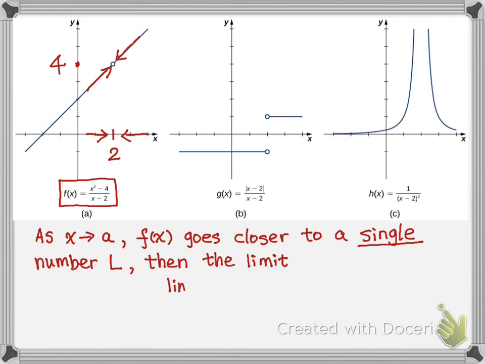So the limit as x approaches the number a, f of x, will equal this single and finite number L.